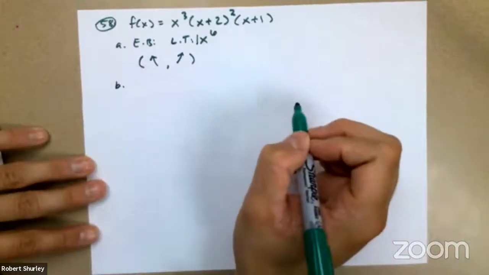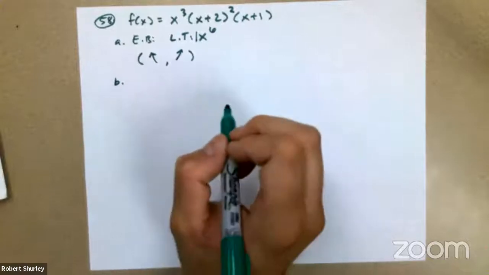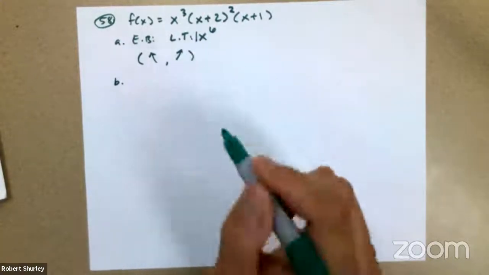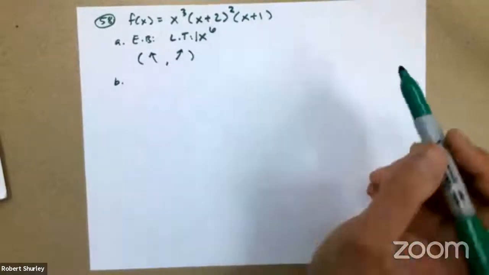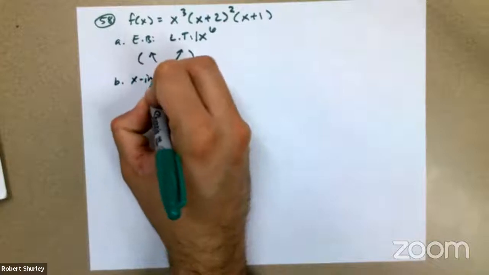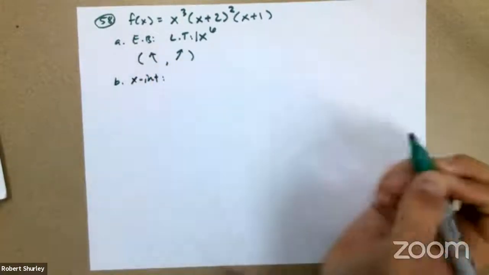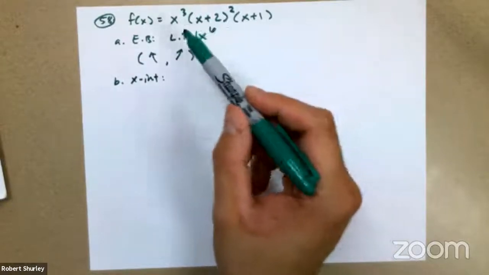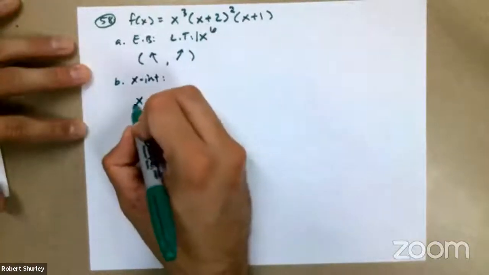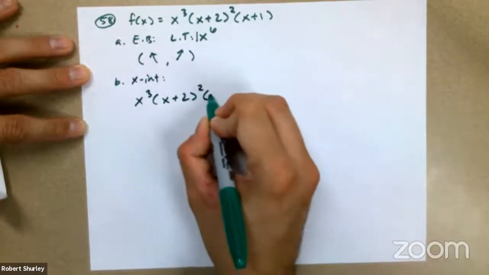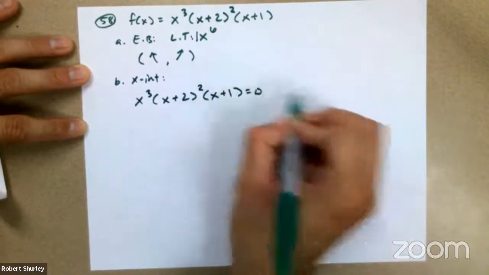Great. So part B says find the x-intercept. State whether the graph crosses the x-axis or touches the x-axis and turns around. Now look, I am going to be a math snob when it comes to x-intercepts. If it asks you for x-intercepts, that's a coordinate, not a solution. So we're going to write x-intercepts as a coordinate. But since it's in this factor form, it's kind of easy. So we'd have x cubed times x plus 2 squared times x plus 1 equals 0.